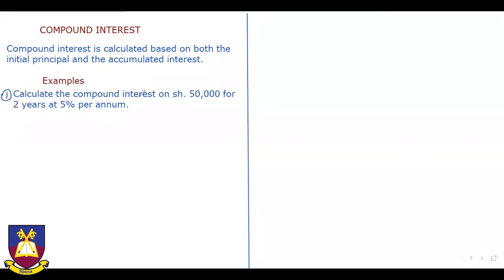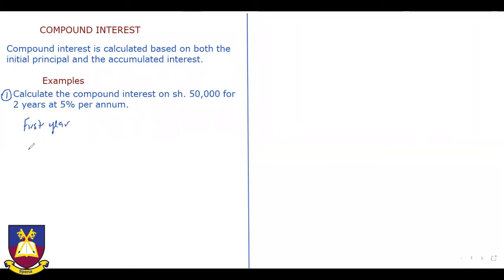Calculate the compound interest on shillings 50,000 for 2 years at 5% per annum. So we need to calculate the compound interest, and we're going to break down this 2-year period into steps. So I want to get the interest in the first year.